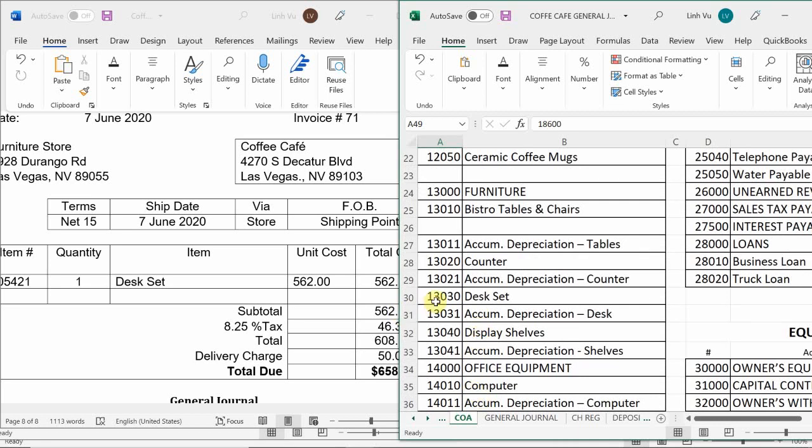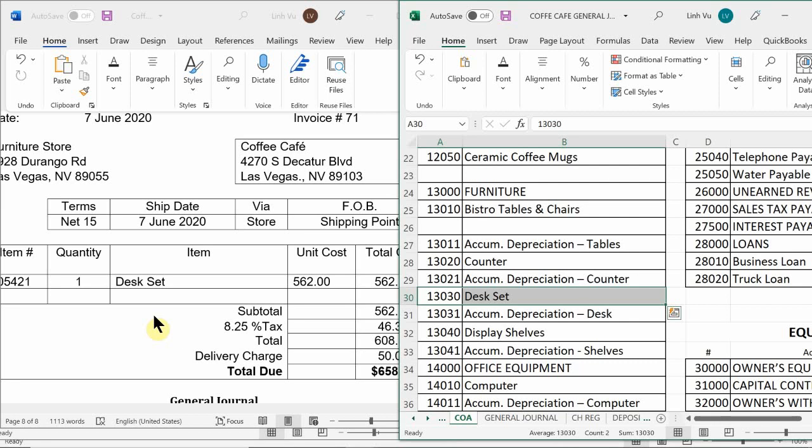Yes, 1330. Now our assumption here is we received a bill, right? Does that mean we have to pay now? Not necessarily.